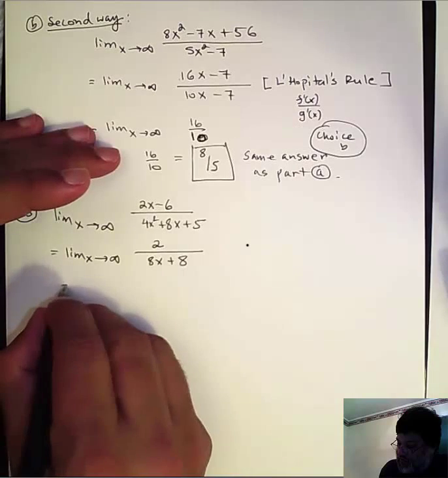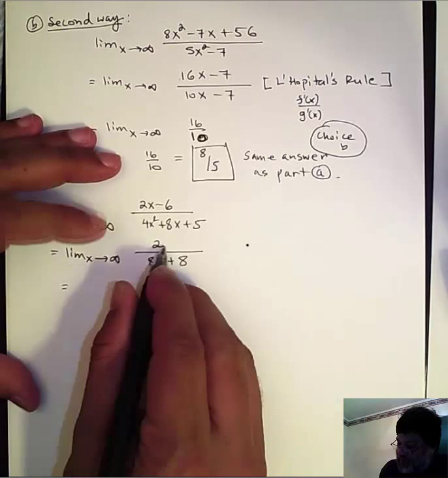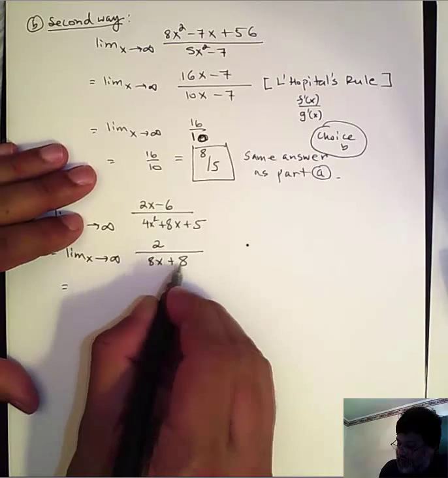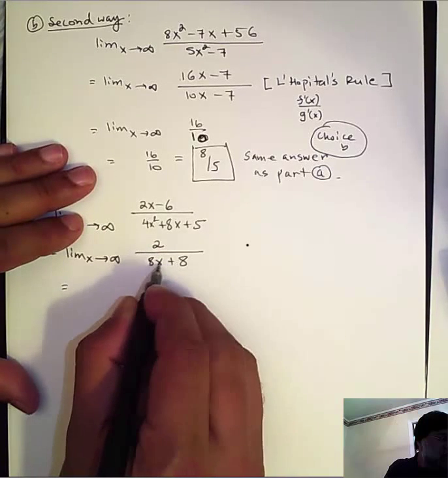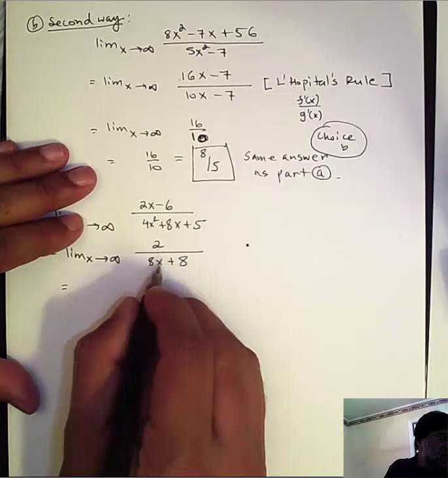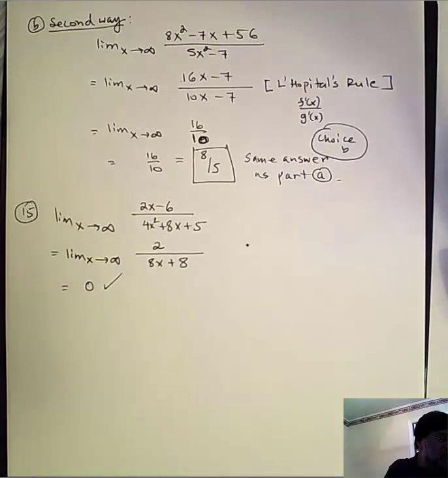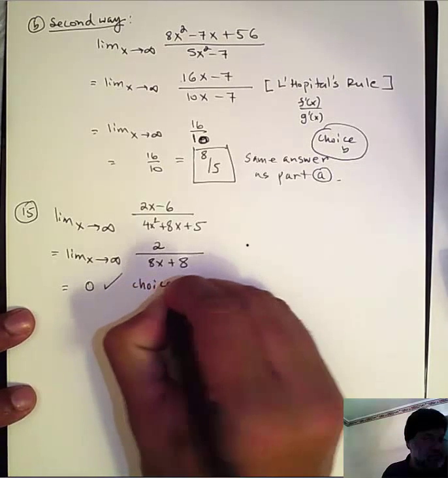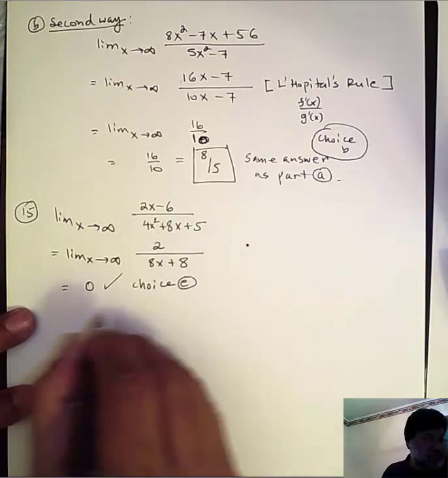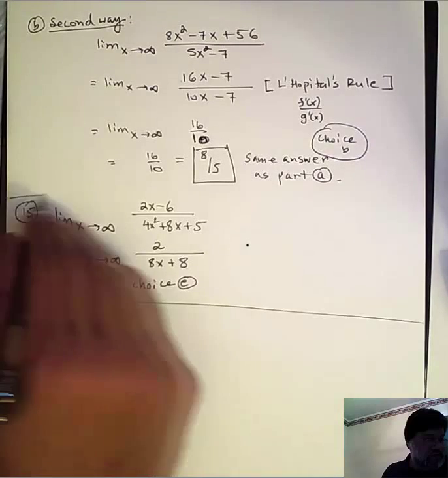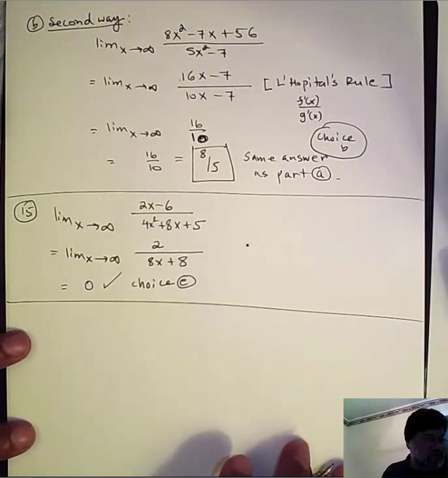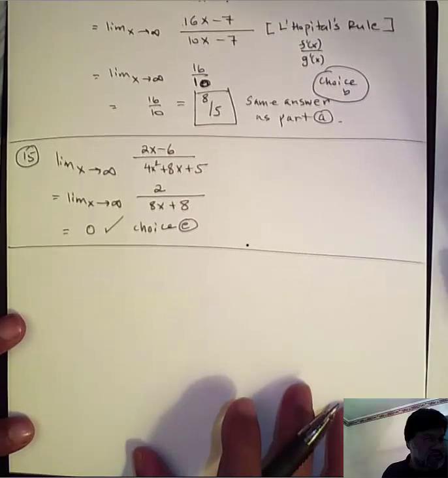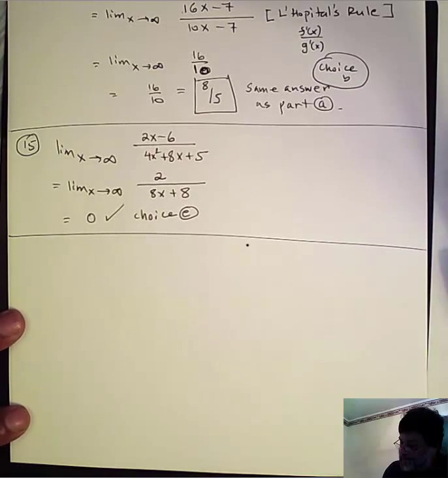Yeah. If we plug in infinity, we get 2 over infinity. 8 times infinity is infinity, plus 8 is still infinity. 2 over infinity would be 0. That'll be choice E. These are short, nice problems.